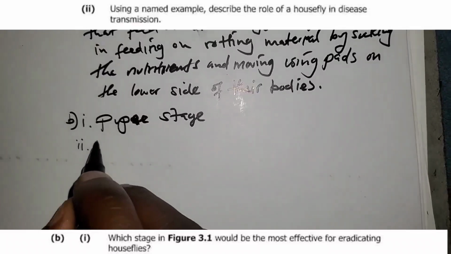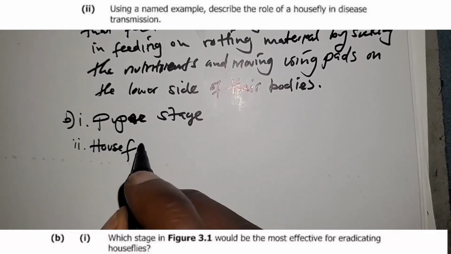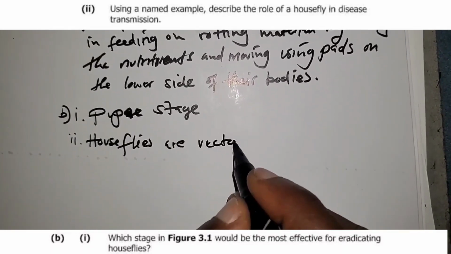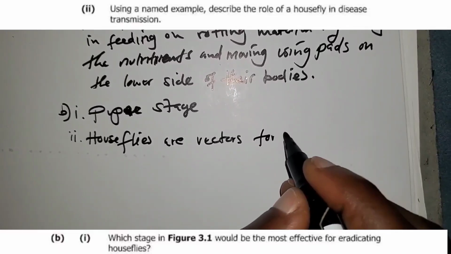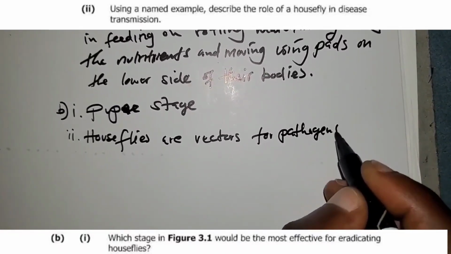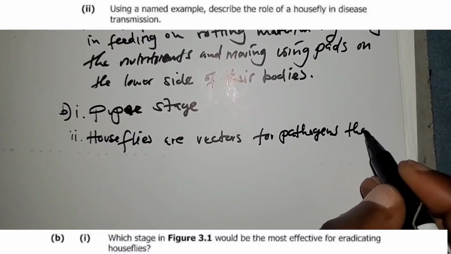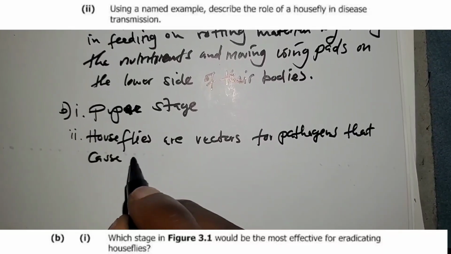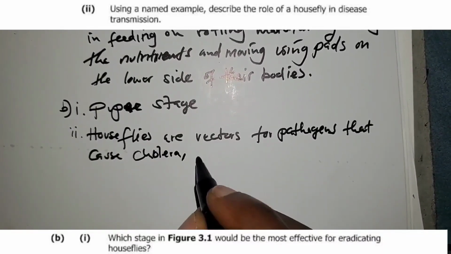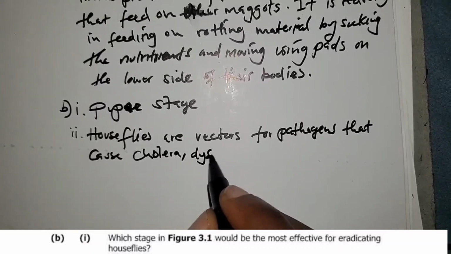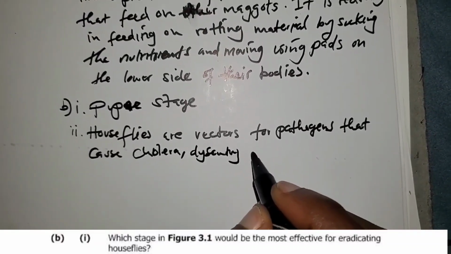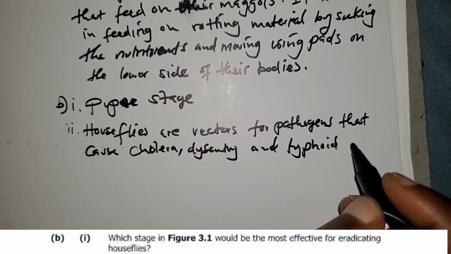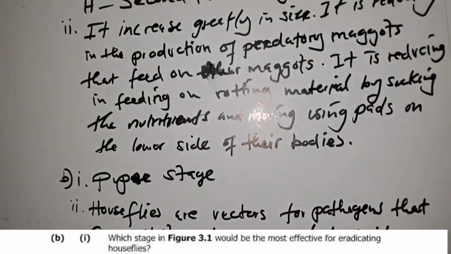So you can just say houseflies are vectors for pathogens that cause disease, they cause cholera, dysentery, and also typhoid. Okay, that's all to this question.